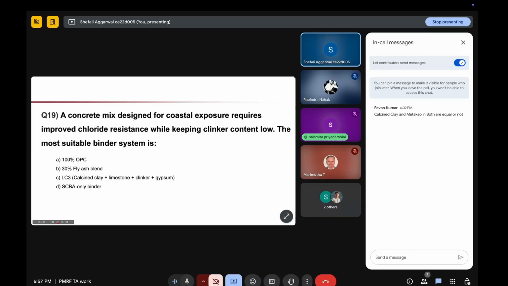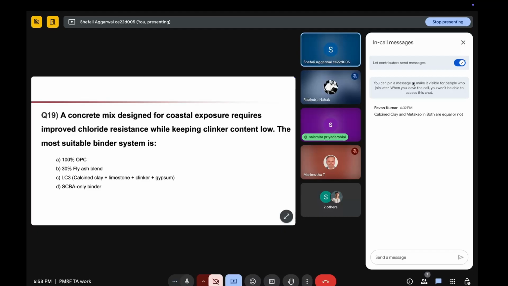A concrete mix design for coastal exposure requires improved chloride resistance while keeping the clinker content low. The most suitable binder system is OPC, 30% fly ash blend, LC3, or bagasse ash. According to you, what will be a better option?